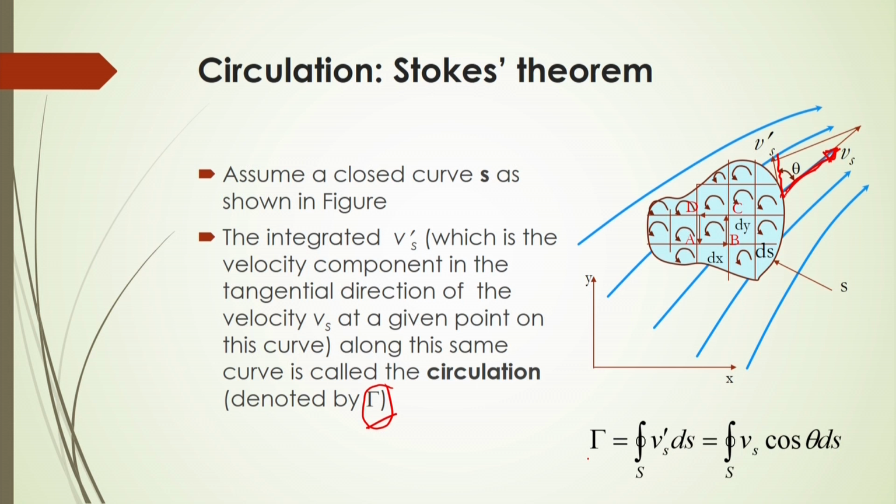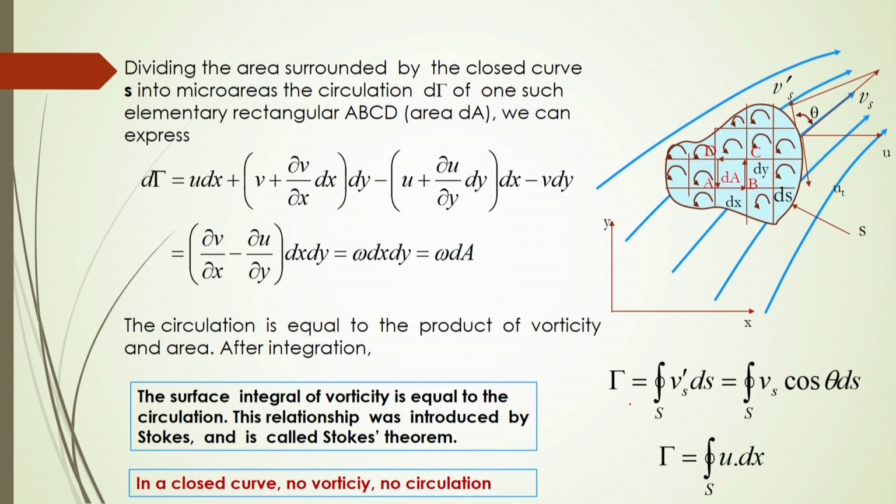So, this gamma will be represented by the integration of V s dash d s, and this V s dash, if it is making an angle theta, will be V s cos theta. After substitution, it will come as the integration of V s cos theta d s.